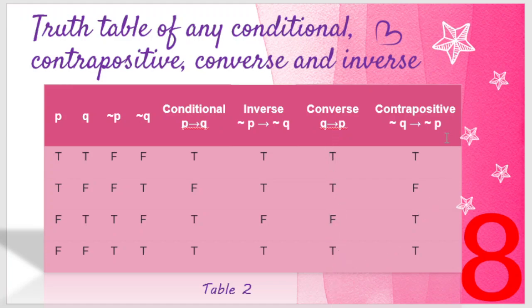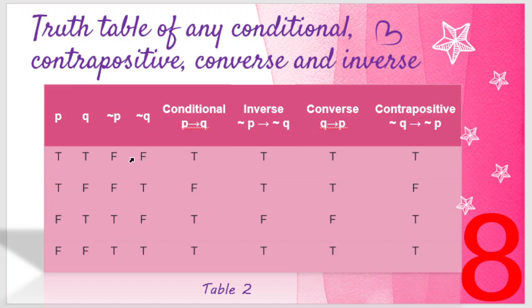So for the contrapositive, we have here not Q implies not P. If P or Q is true, then not Q is false, and the not P conclusion is false.